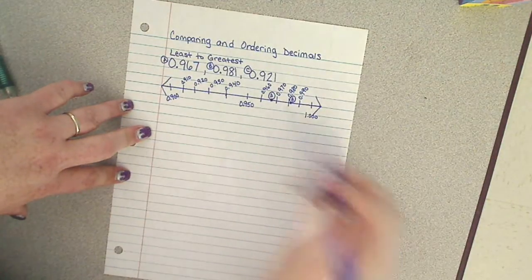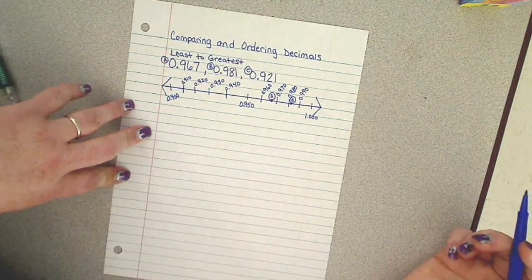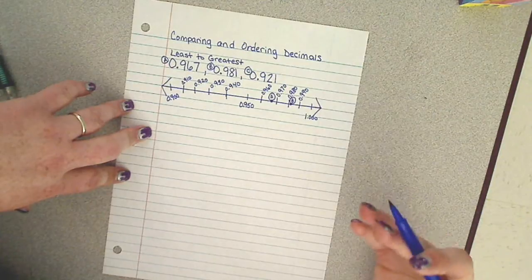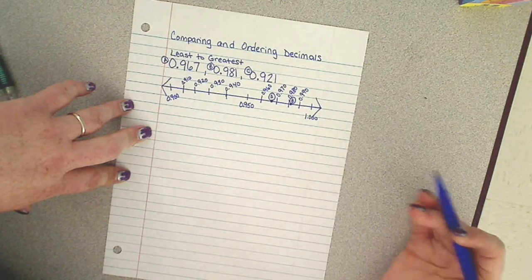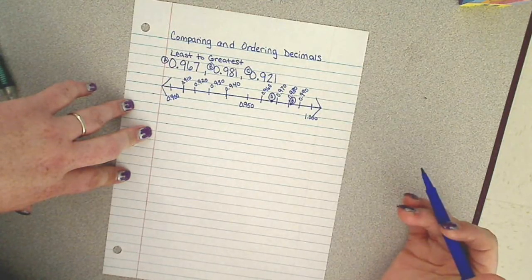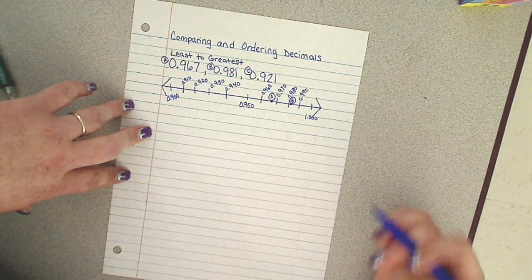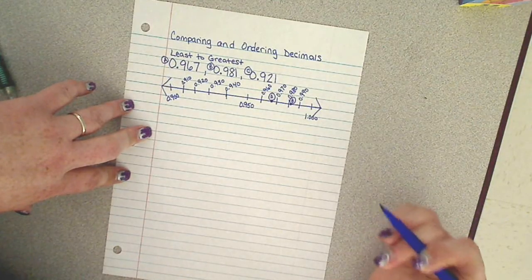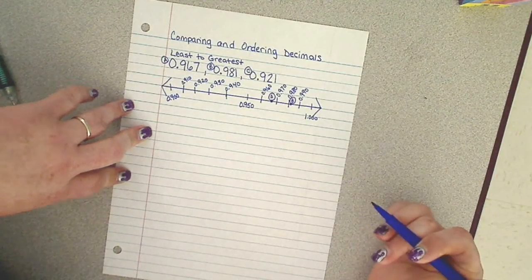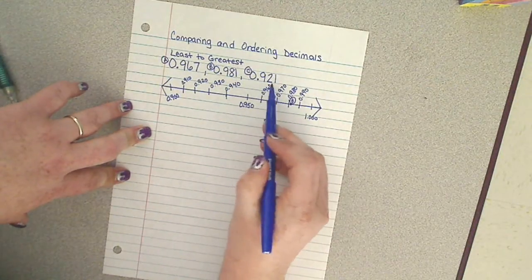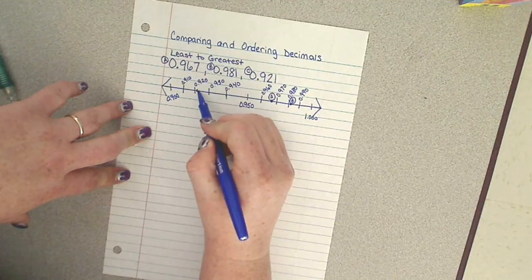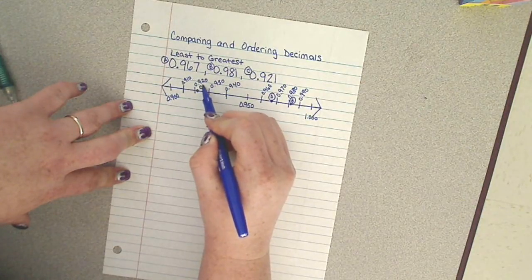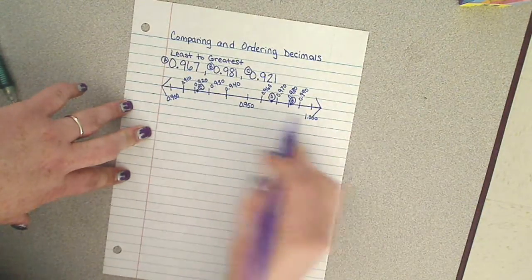Now, I know my number line isn't perfect, and that's okay because we understand that drawing things by hand is never going to be perfect, but it will give us the visual that we need as long as we are labeling our number line correctly. So 921 thousandths is going to be about right here. So now I have that visual.